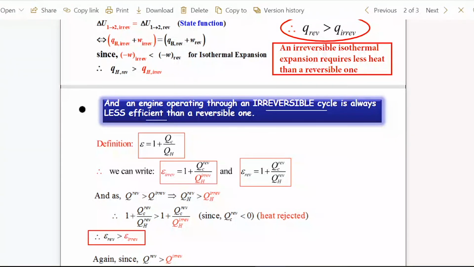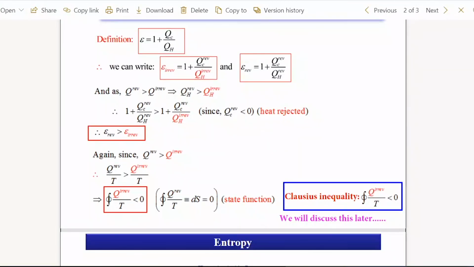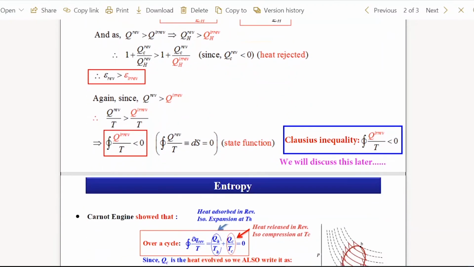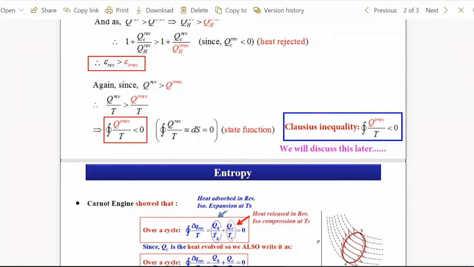Yes, ma'am. Okay. So what we have not yet introduced is the term entropy. Now let me introduce the term entropy. The Clausius inequality was something we have already discussed, and if you look at this, Q reversible is going to be greater than Q irreversible.